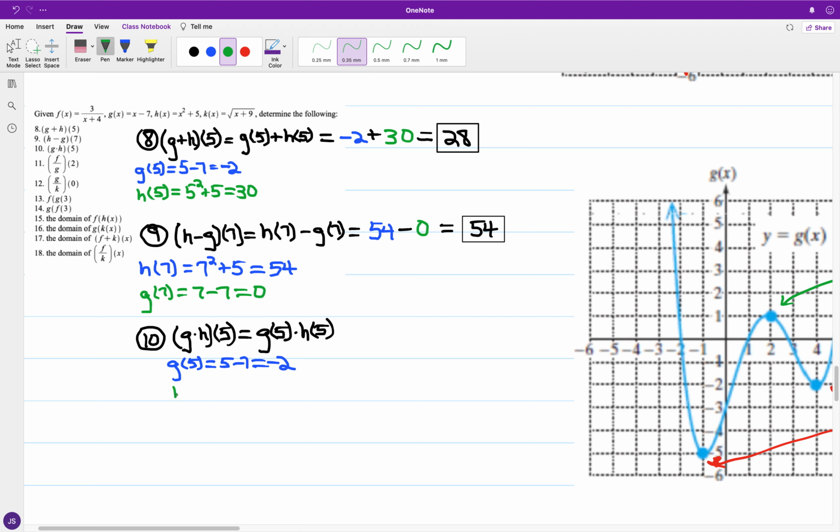And h of 5, we have 5 squared plus 5, which is 25 plus 5, which will come out to 30. And so with g of 5, we're looking at negative 2 times 30. And for this result, we have the product at negative 60.